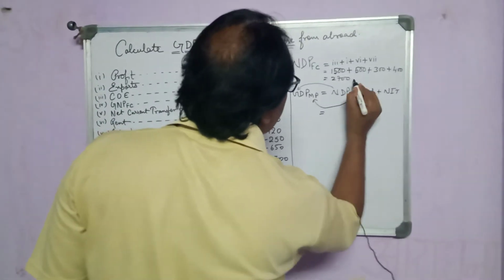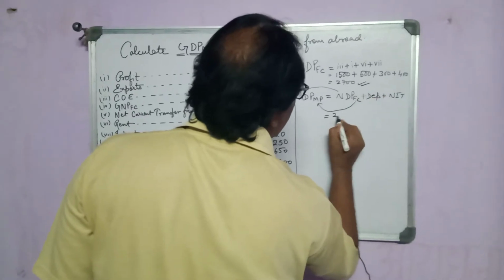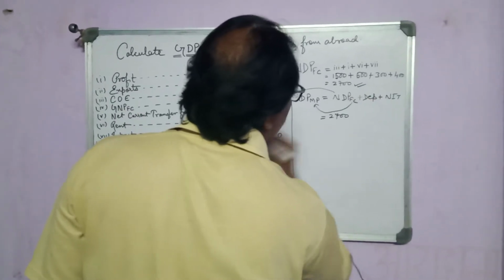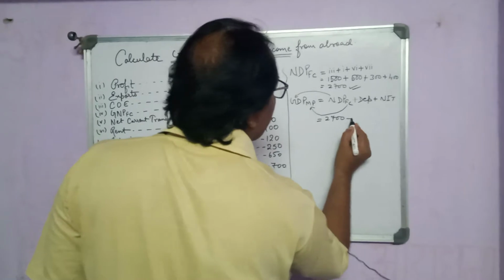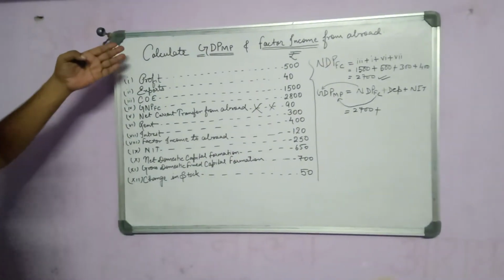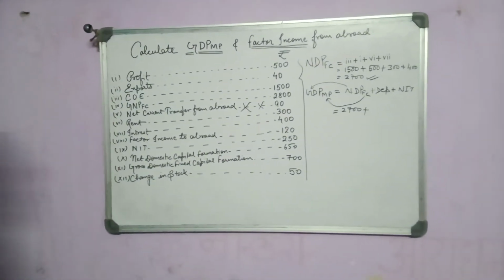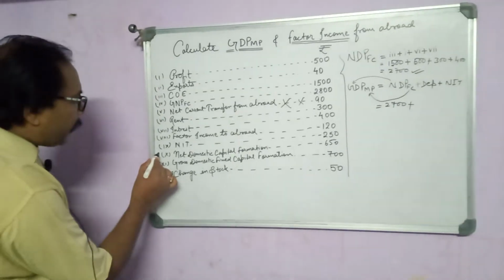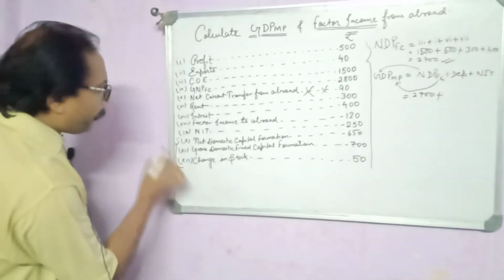NDP we have already calculated, that is 2700, plus depreciation. Depreciation is not directly given, so we will calculate the depreciation from here.